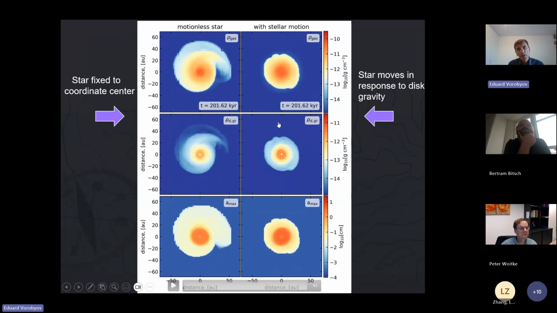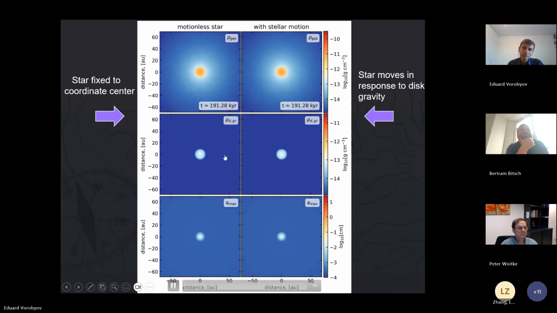In the end, you can see the disk. This is the gas, cut through the midplane, the gas density distribution, and the dust. From the dust distribution, you see that dust has grown already to millimeters at least, and we see rings starting to form in the very inner parts of the dust.